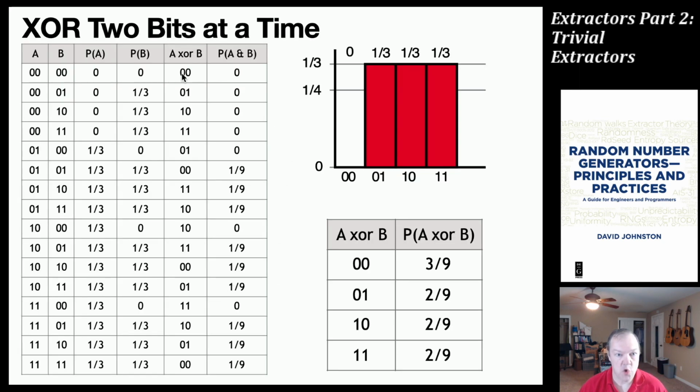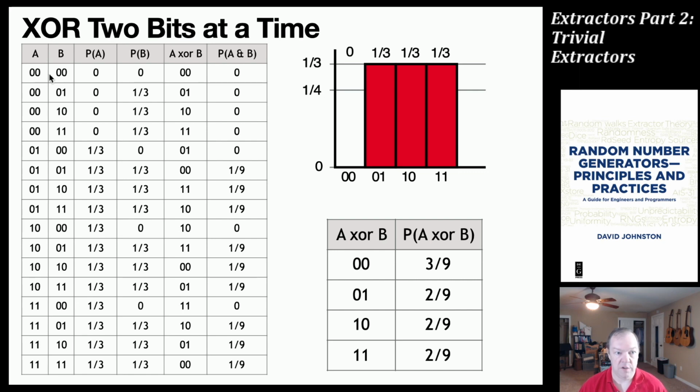We can do XORing multiple bits at a time, and so we have here this non-uniform distribution we looked at before, and we're doing it twice, right? We're taking both symbols and we're XORing them together in a bitwise way.